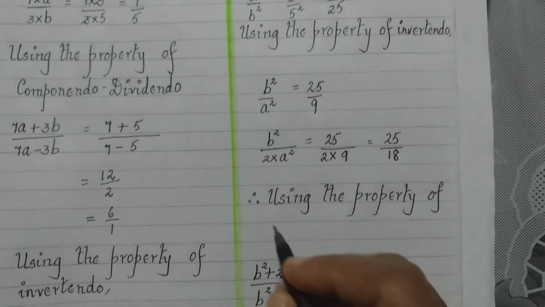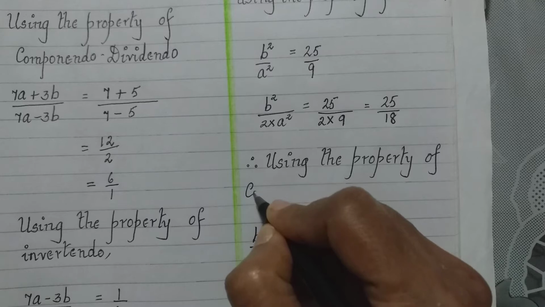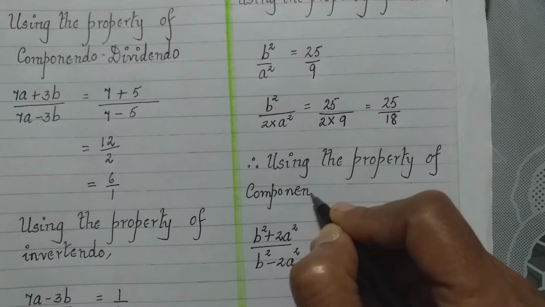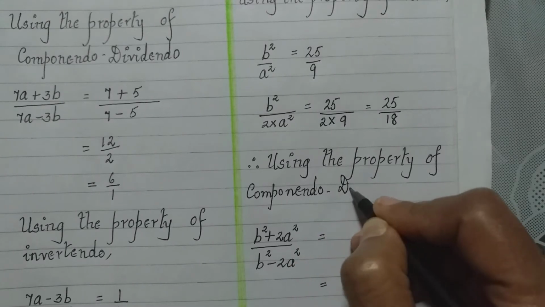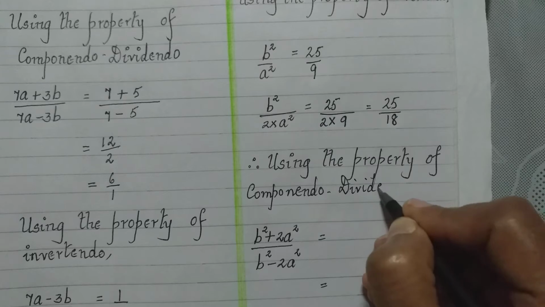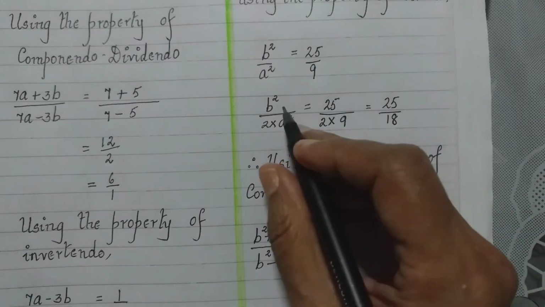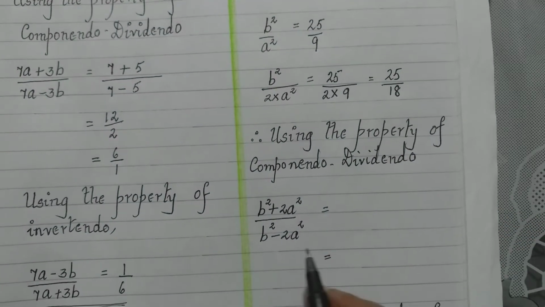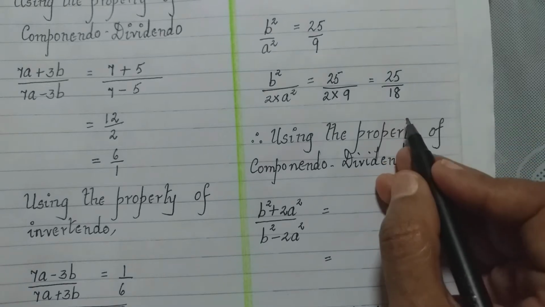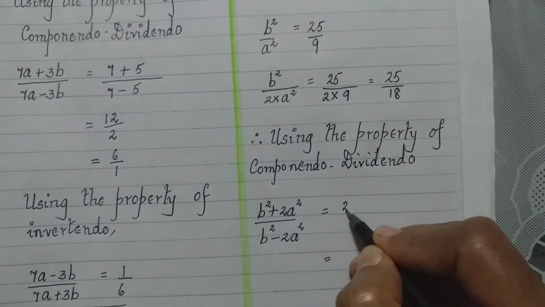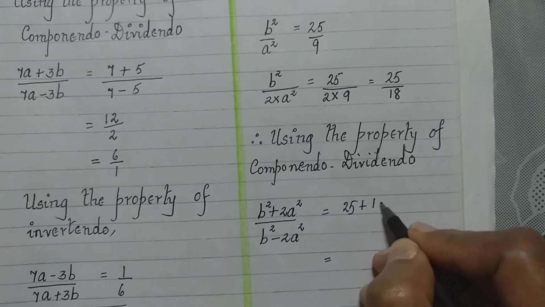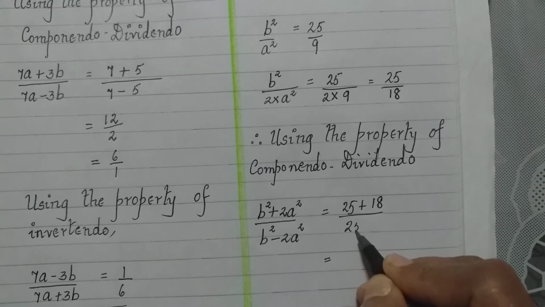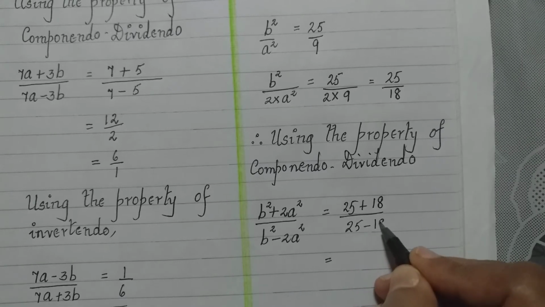Now using the property of componendo dividendo, B square upon 2A square is 25 by 18. So B square plus 2A square upon B square minus 2A square will be 25 plus 18 upon 25 minus 18.